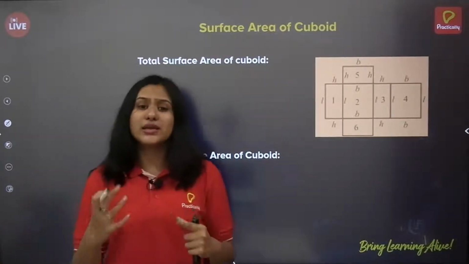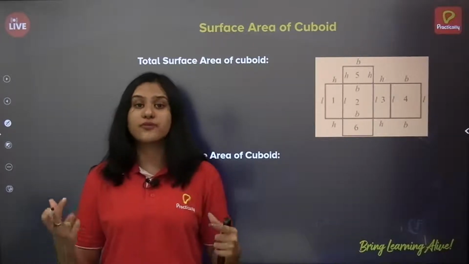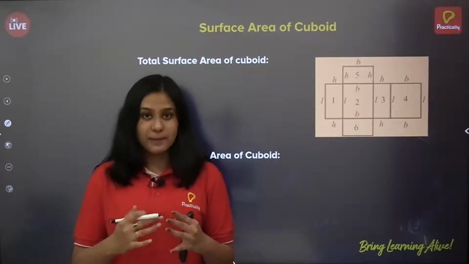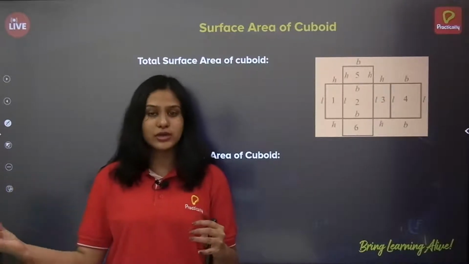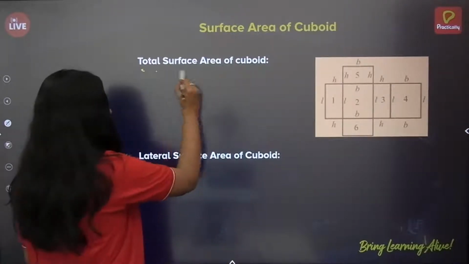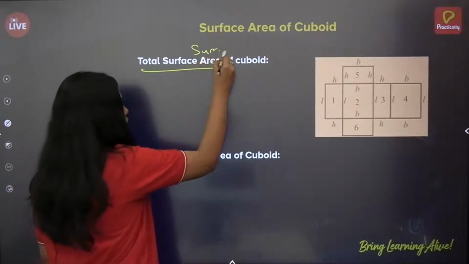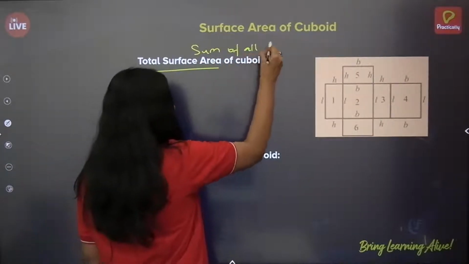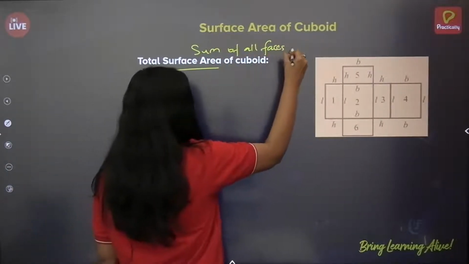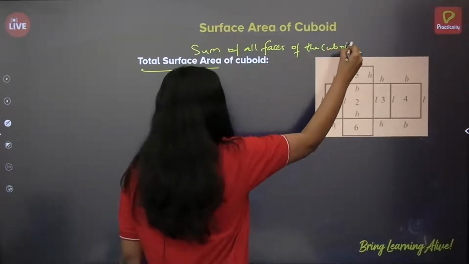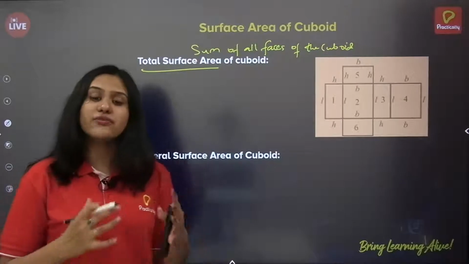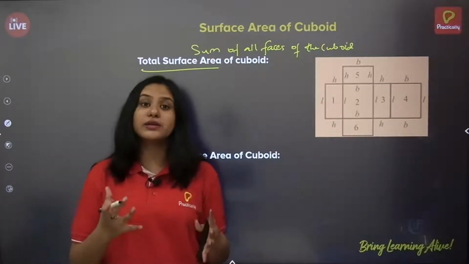Now, what is actually meant by total surface area of cuboid? It's nothing but the sum of the areas of all the faces of the cuboid, correct? And we know that all the faces of a cuboid are nothing but rectangles.